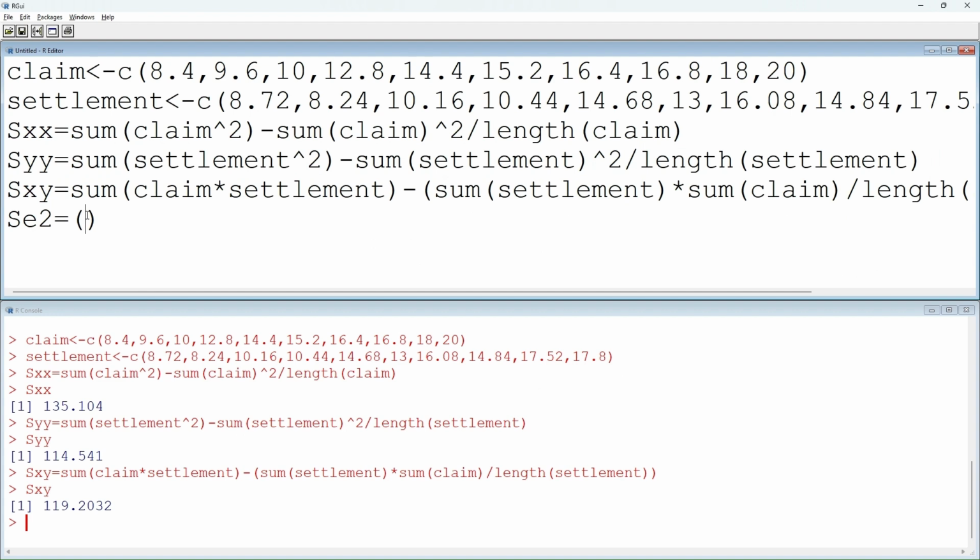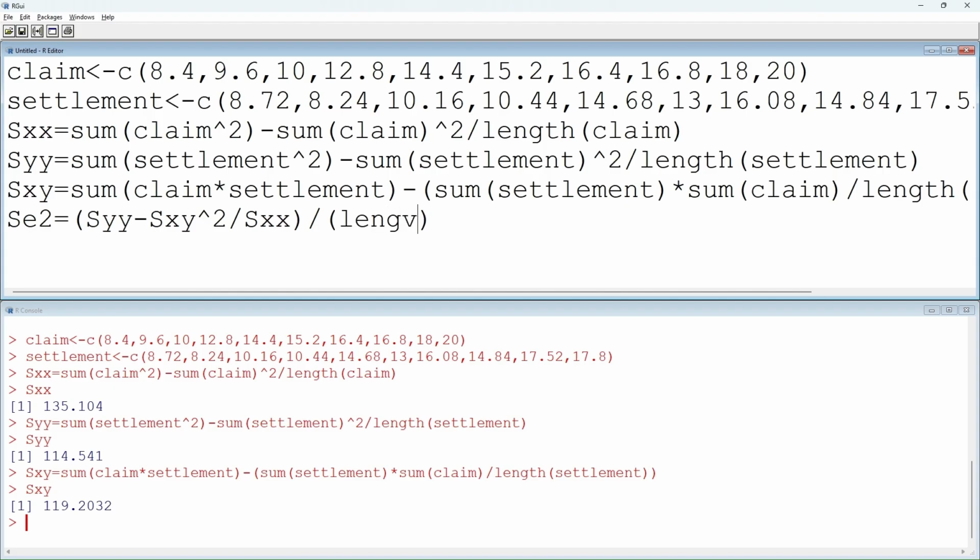It's the sum of squares of y minus the sum of squares of xy squared. This you divide by the sum of squares of x, right? Remember that thing here. Then the whole thing you divide by the length of whatever, settlement or claim, etc.